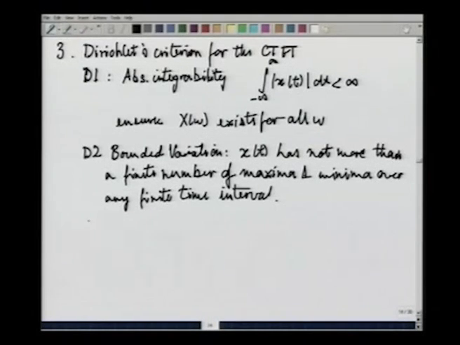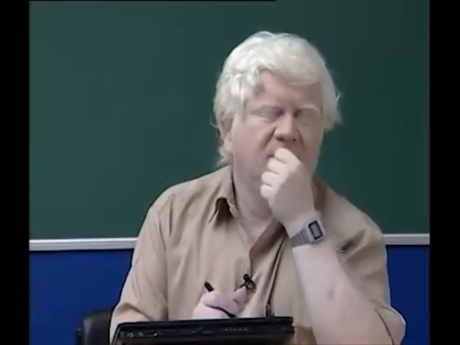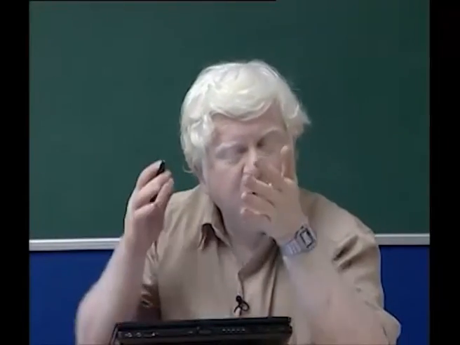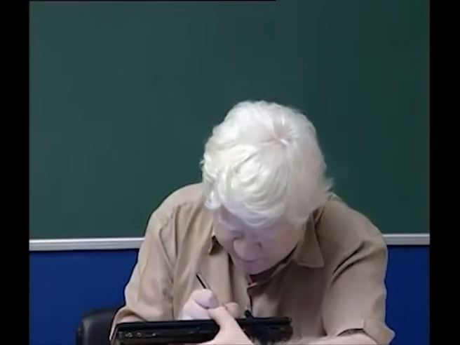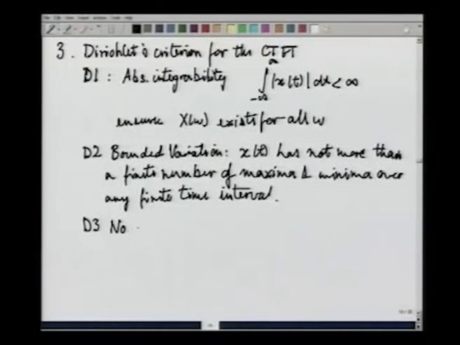The third and last Dirichlet's criterion, D3, says that there should be no infinite discontinuities. We are allowed to have discontinuities, but there should be no infinite discontinuities. Infinite discontinuities are those where the jump of the discontinuity is infinite. For example, what you will find in 1 by x at x equal to 0. 1 by x at x equal to 0 has an infinite discontinuity.